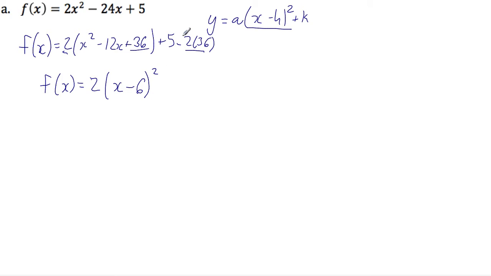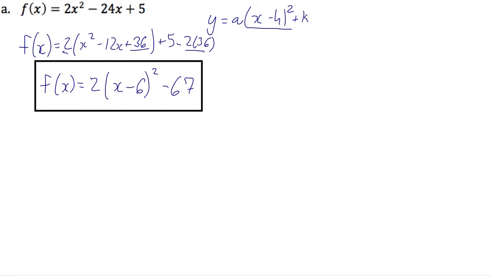The 5 minus 2 times 36, 2 times 36 is 72, and 5 minus 72 is minus 67. And that is our answer. Notice this is a function, so we have to have f of x out in front. And this is it. If we were to ask what the vertex is, we'd say it's (6, negative 67).